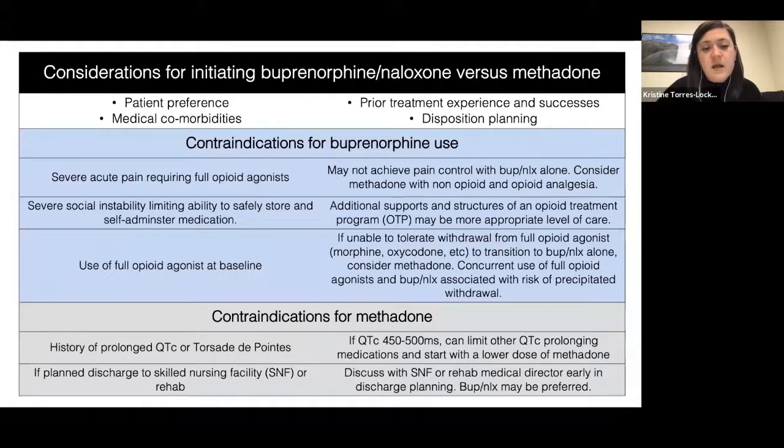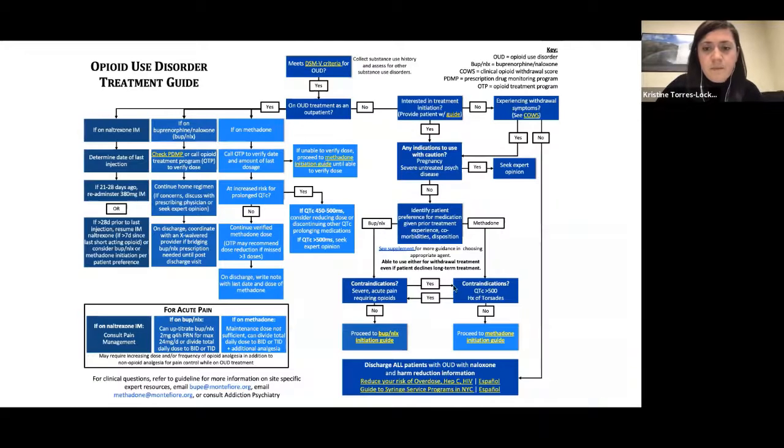There have been a lot of civil rights cases and settlements with facilities for refusing this, so this is a very hot topic in the legal world right now. If you come across these discrimination cases, please forward them to me, because it's very interesting to our local Justice Department.